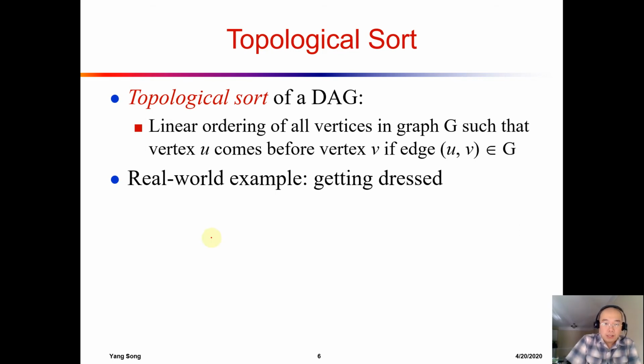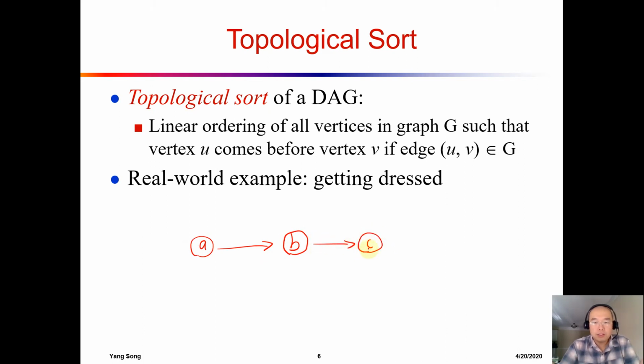So if we want to do a very small example, say from A to B, and then from B to C. So if there are just three simple steps, then we simply have to do A first, followed by B, and then followed by C, right?